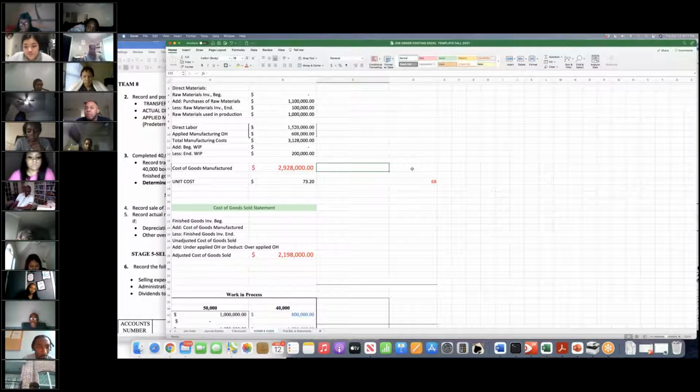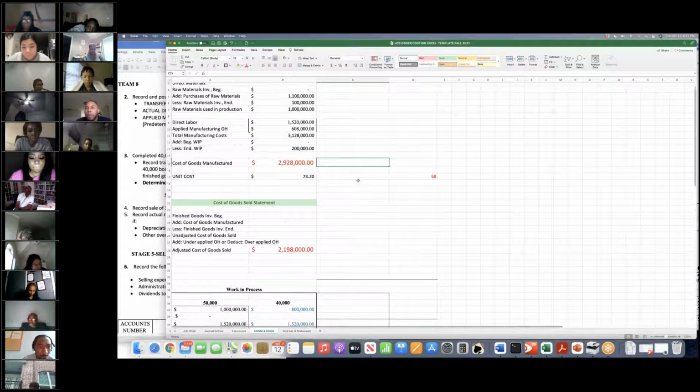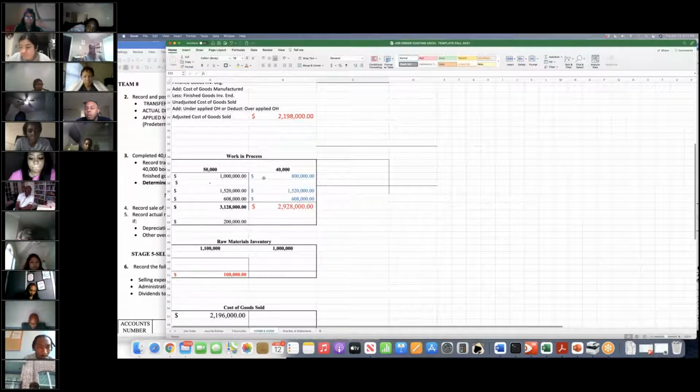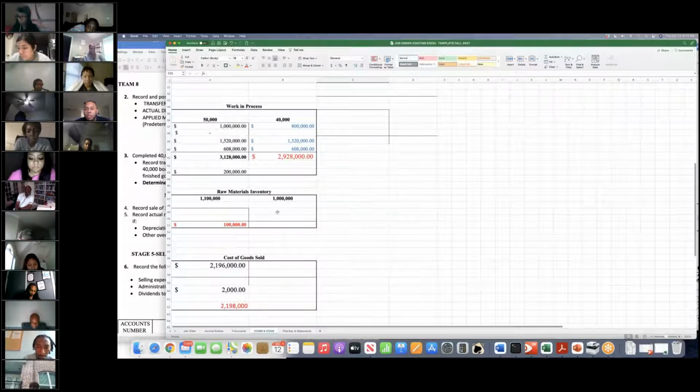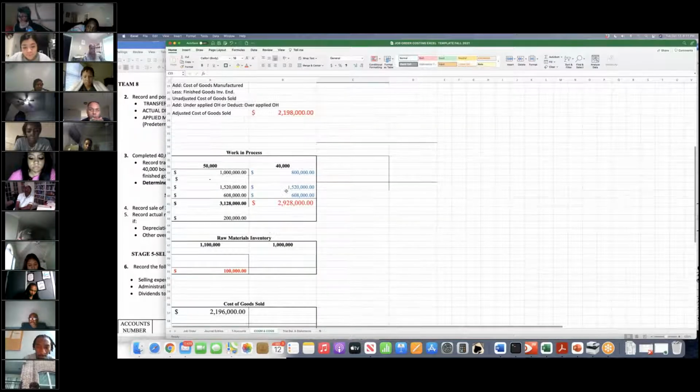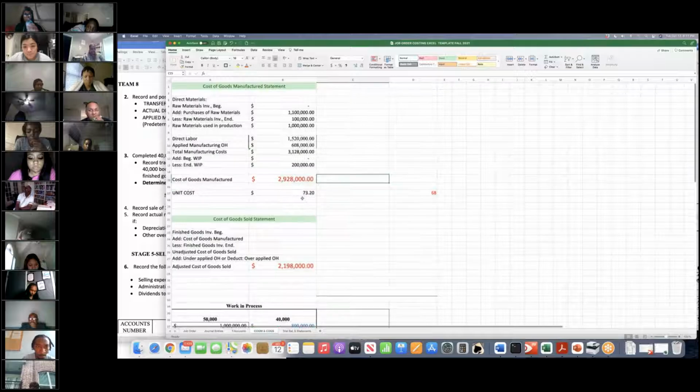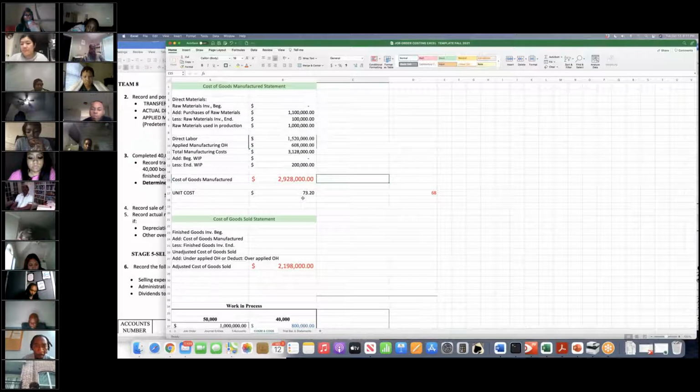So I think that equals that number. So every number in here comes off a combination of the work in process account and the raw materials inventory account. So you just look in there and pluck your numbers out, and you have those statements, the cost of goods manufactured statement done.